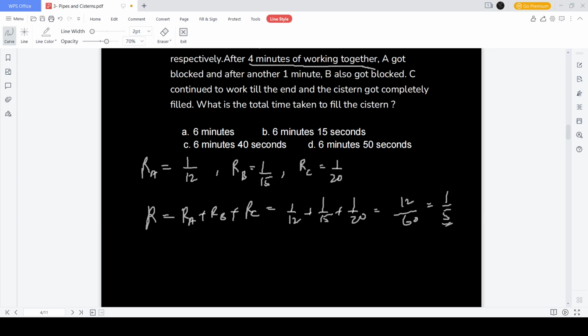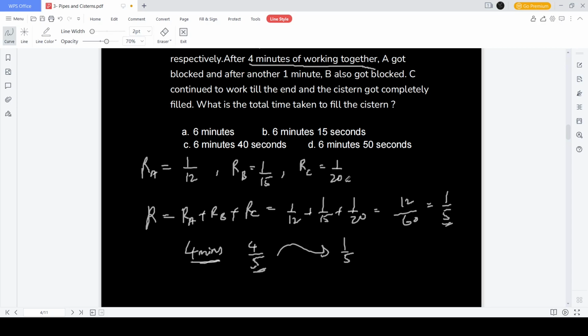So their rate is 1 by 5 of the tank per minute. And for 4 minutes they worked, so they cover 4 by 5 of the tank. Then A gets blocked, so 1 by 5 of the tank is left.